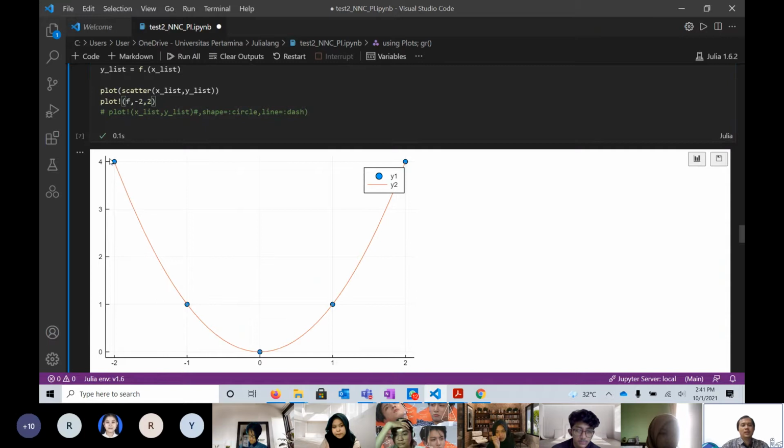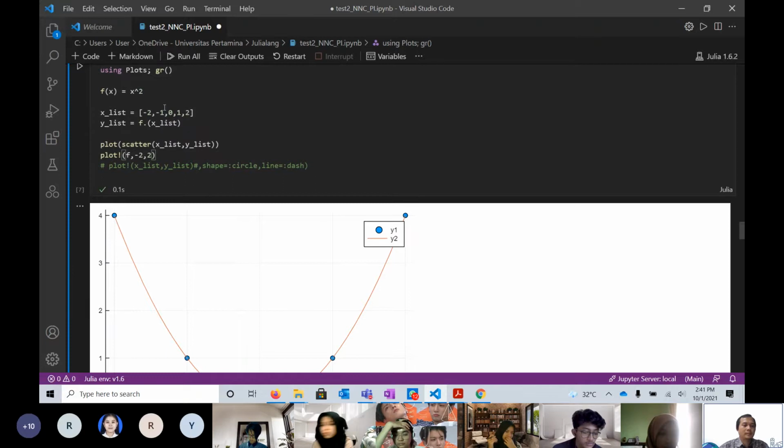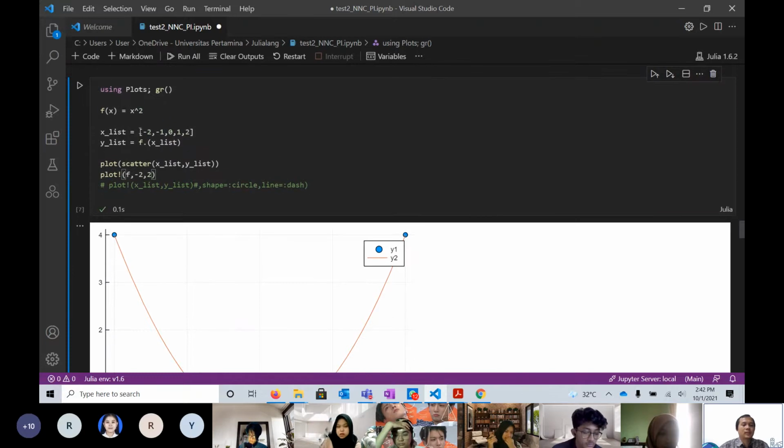So we cannot simply connect the points. What we need to do is collect more points, like let's say -2.